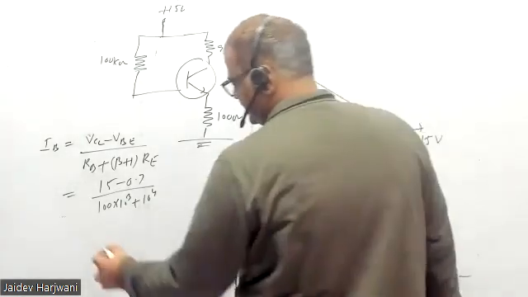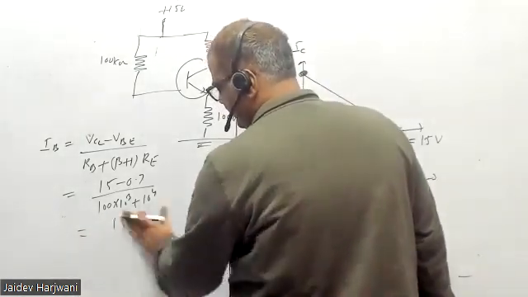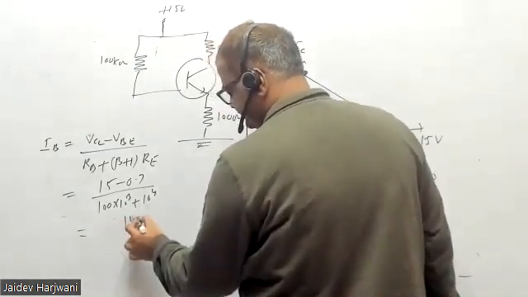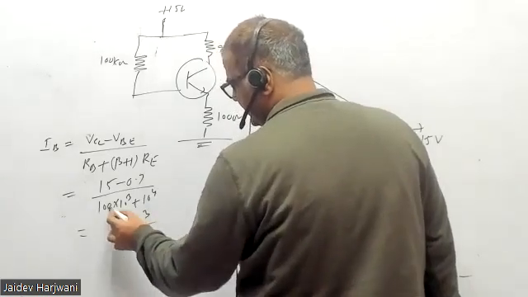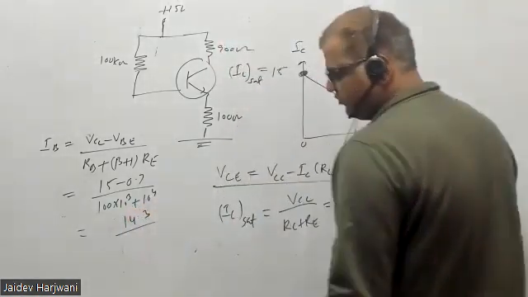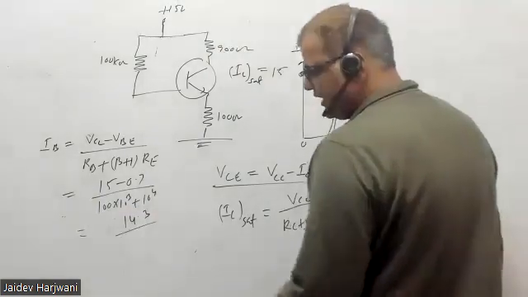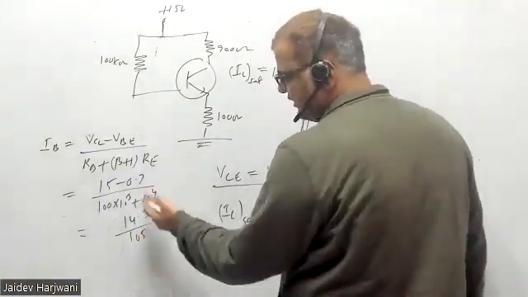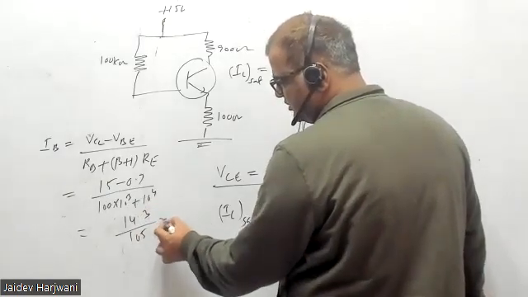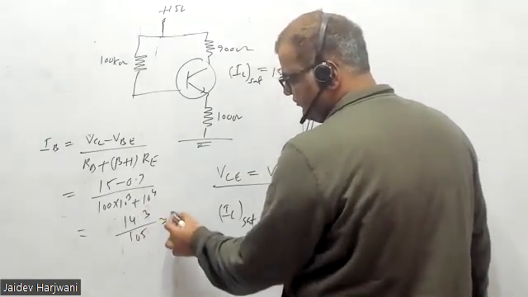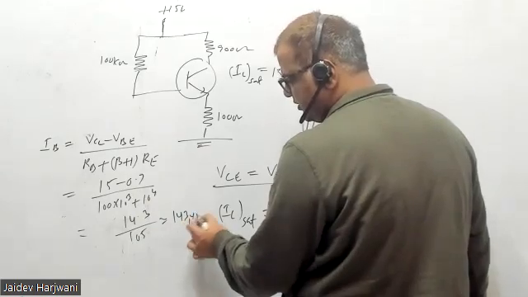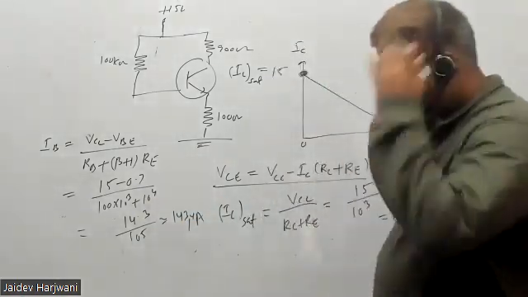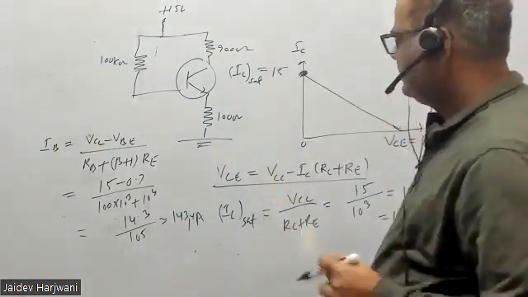Okay. So this becomes 14.3 over 10 raised to power 5 and 10 raised to power 4. Okay. So I can almost take this as 10 raised to power 5 because this is 0.1 only. It will add only 1.1 something. Okay. So this will come around how much? Tell me. 143 microampere. Okay.